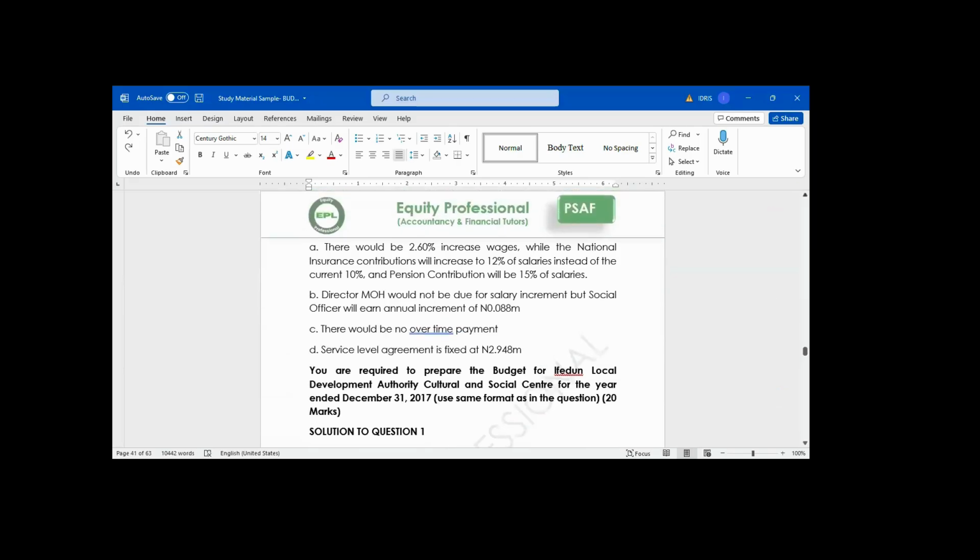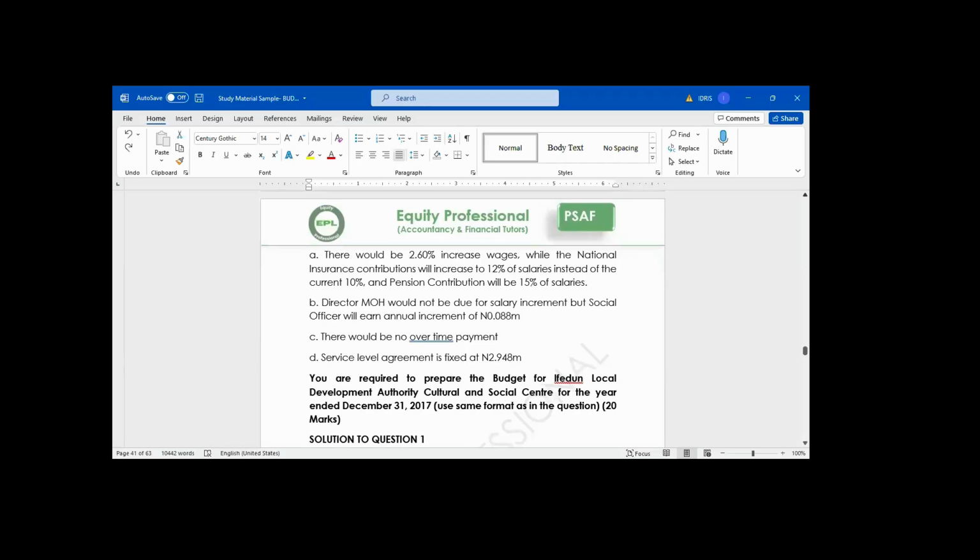Director MOH would not be due for salary increment, but social officer will earn annual increment of 0.088 million. There will be no overtime payment. The service level agreement is fixed at 2.948 million.